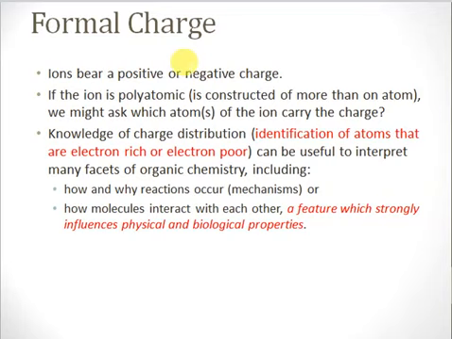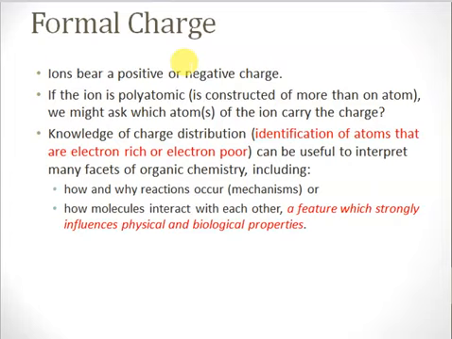So consider that we have a positive ion or a negative ion. We are sure that this atom has a positive charge or this atom has a negative charge. For example, take the example of the sodium ion, right? We know that this positive charge is on sodium. Similarly, if we have a chloride ion, we know that its negative charge is on chlorine.